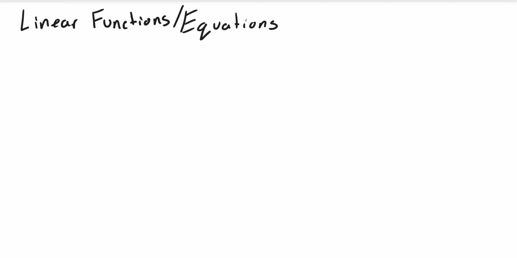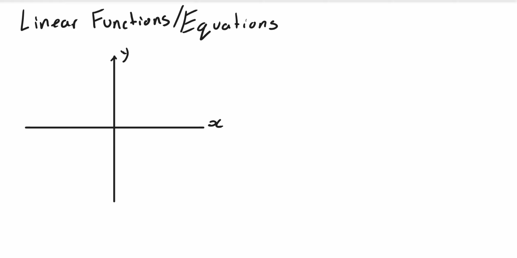Now, a linear equation is represented on a Cartesian plane. A Cartesian plane, as you may know, is something that we like to use in graphing. So we have our x-axis down here, which is our horizontal axis, and then we have our vertical axis, which is our y.